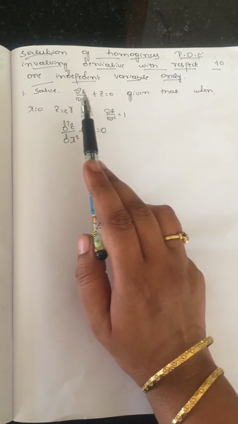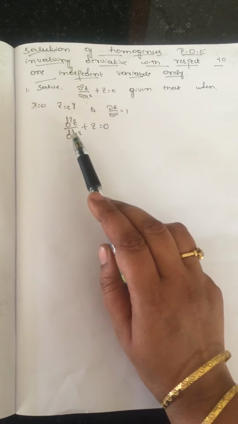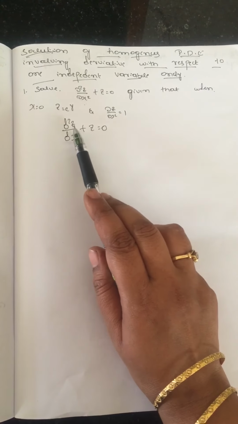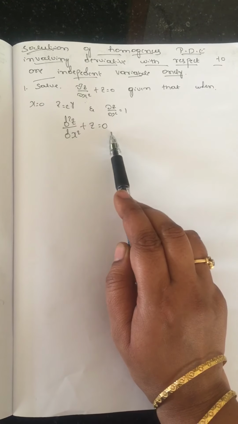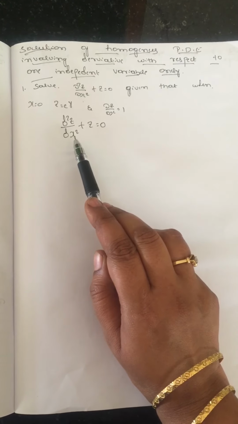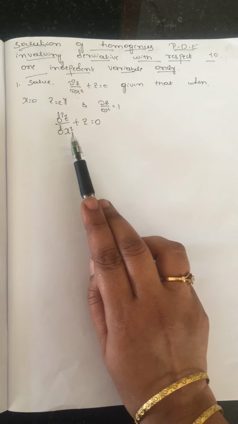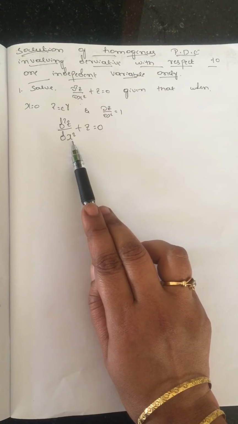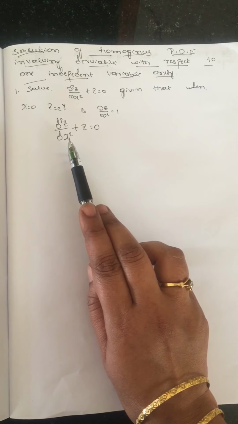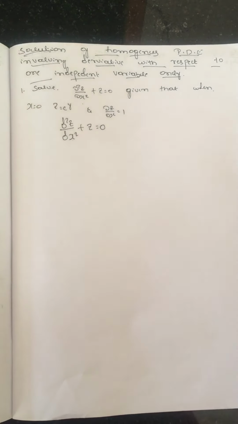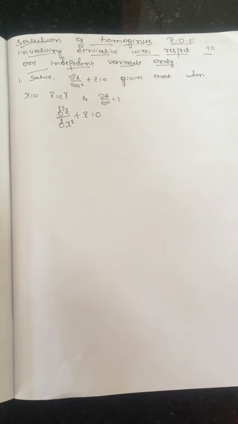So the given partial differential equation is converted into a homogeneous linear ordinary differential equation. We already discussed the solution of homogeneous and non-homogeneous differential equations in module 2.